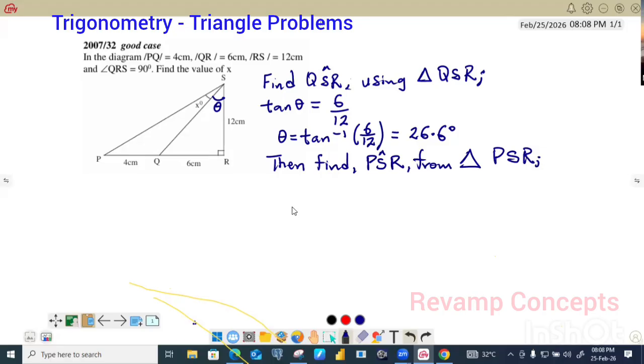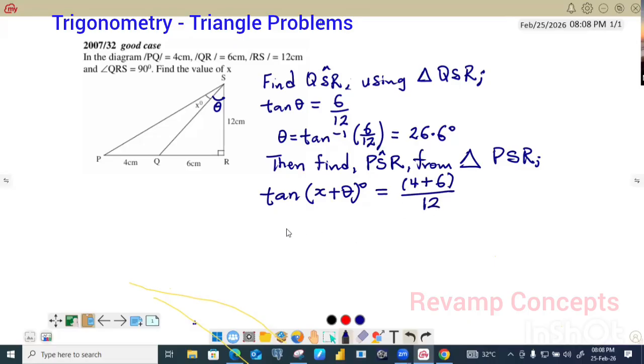In doing that, line PR is the opposite to the whole of the angle PSR, and line SR will still be the adjacent. So we can still go by using tan. Tan of angle X plus theta will be equal to opposite, which is 4 plus 6, over the adjacent, which is 12.